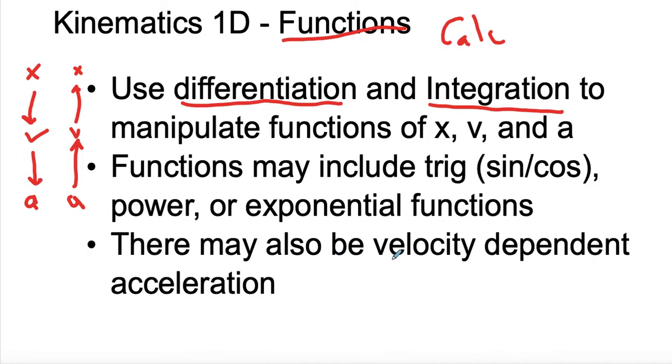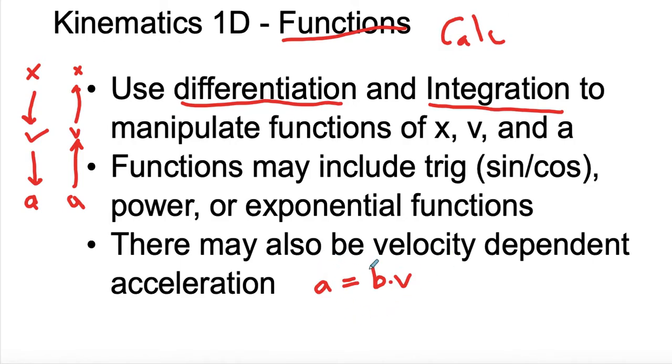There also may be a velocity-dependent acceleration, and this is called differential equations. For example, let's say that acceleration equals b times v, like this. Your acceleration equals some constant times velocity. So depending upon how fast the velocity is going, the acceleration is going to change.